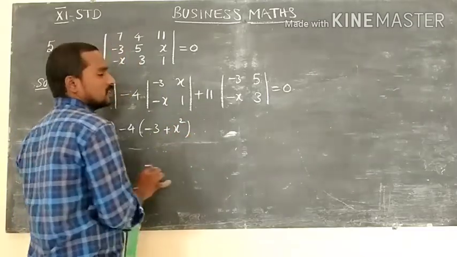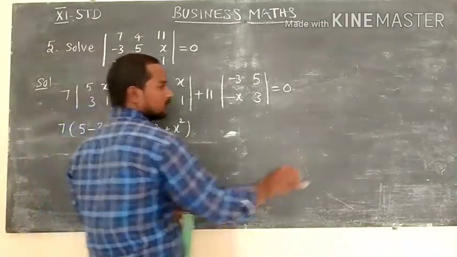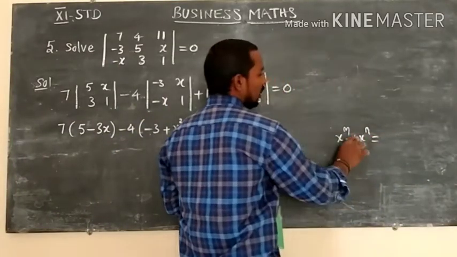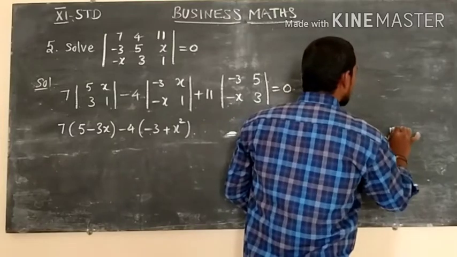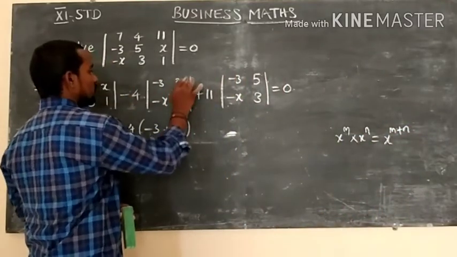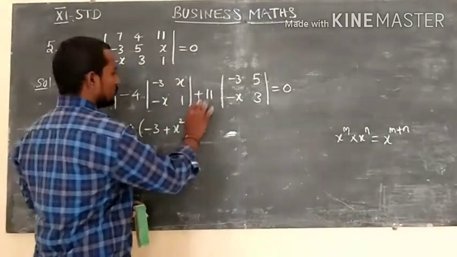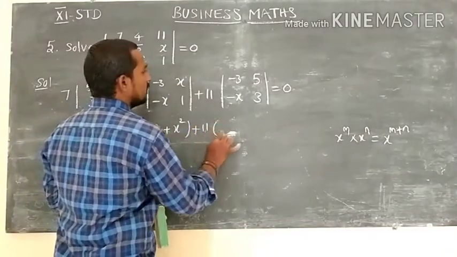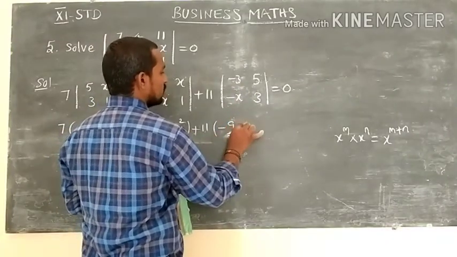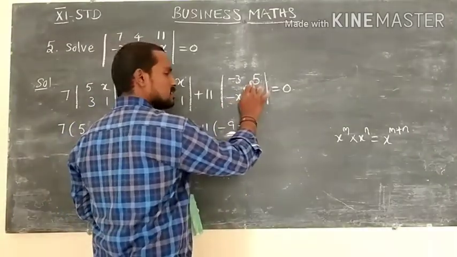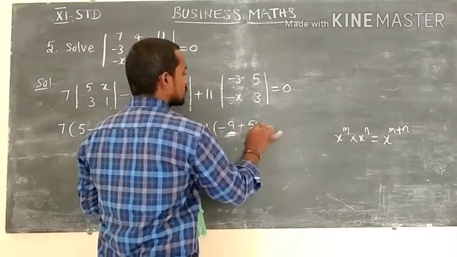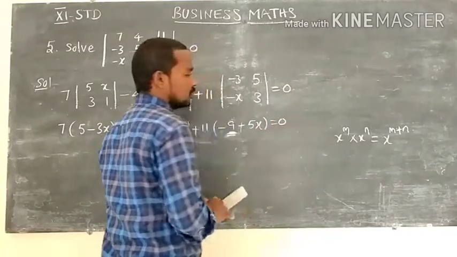Using the exponential rule, x power m into x power n, when bases are equal, the sum of the powers, x power m plus n. Here x power 1 and x power 1, so 1 plus 1 is 2. Then plus 11, minus into plus minus, 3 3s are 9, and minus into plus minus, here also minus, so plus 5 into x, 5x, is equal to 0.